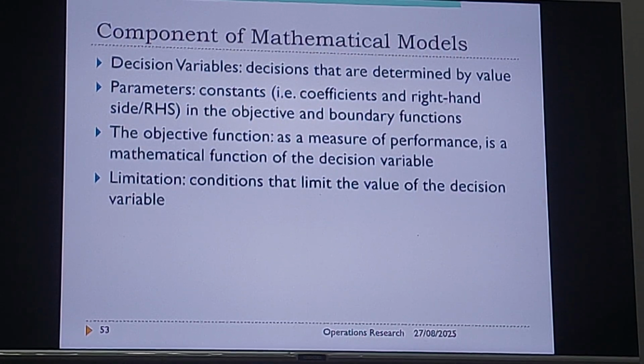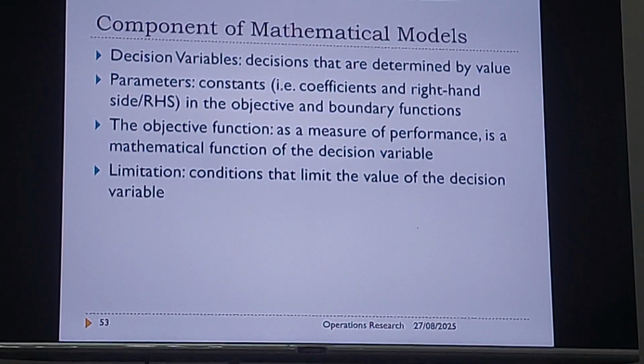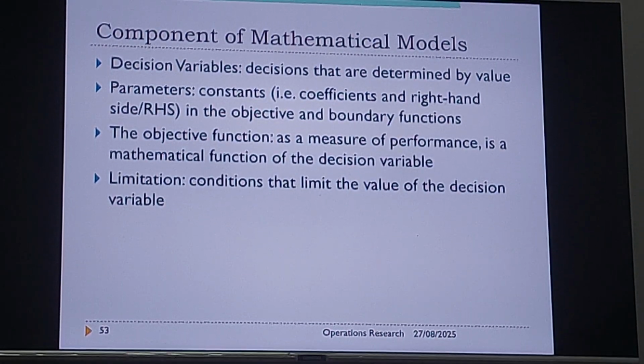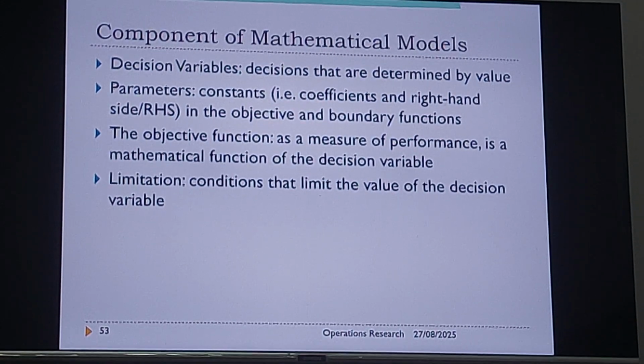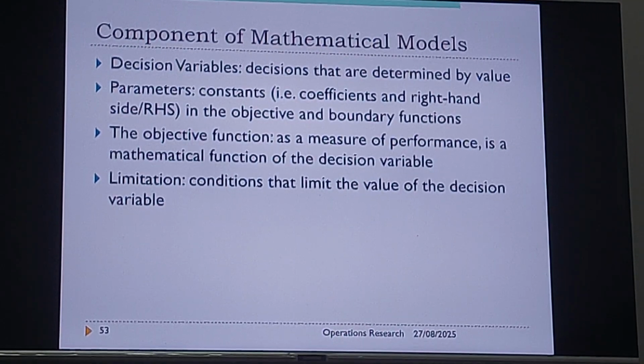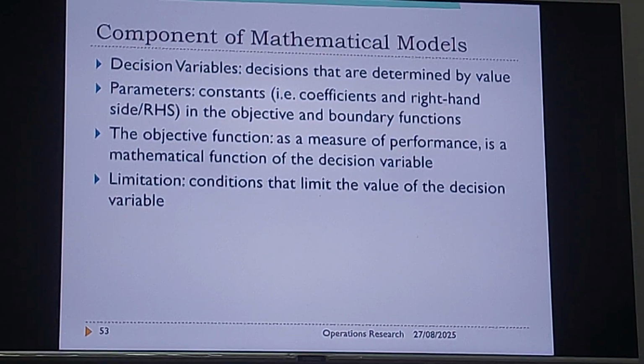The decision variable is the one that we need to find. Your resolution should be, what's the variable? Parameter should be, say, the capacity, the availability, that is constant. Objective function is, do you want to maximize or minimize something? Maximize profit, minimize cost. And limitation is the condition that limits the problem.